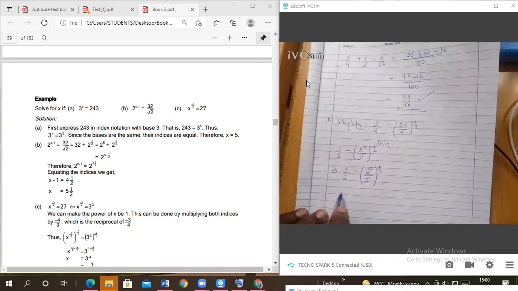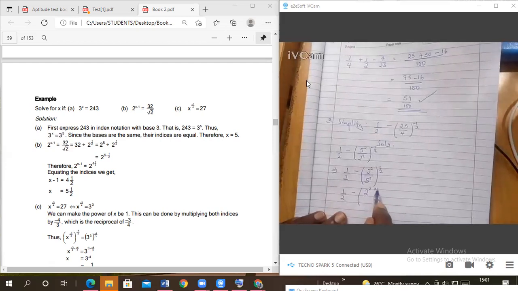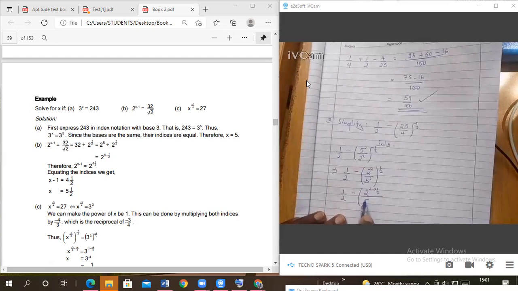A half minus into 2 squared times a half. Good. Times a half. Divide by 5 times a half. Perfectly made.